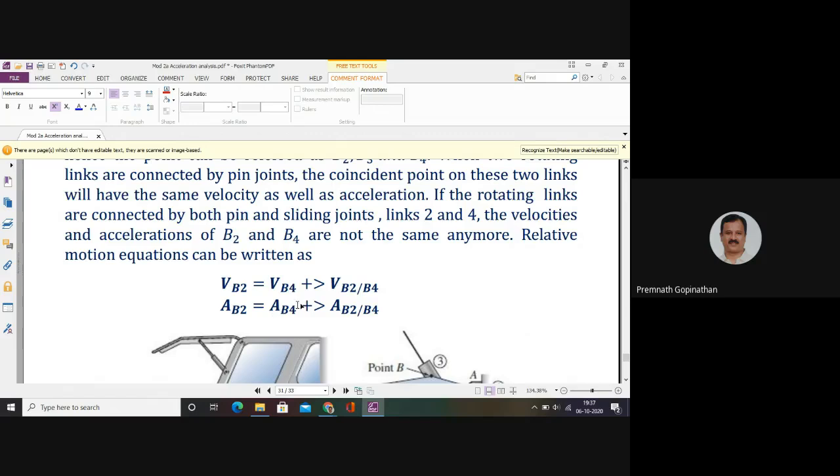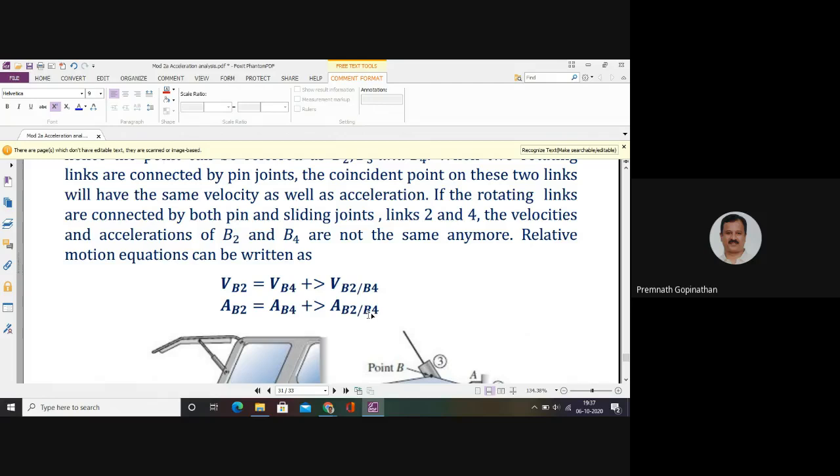Now we are imagining that this point B is lying on link 4. That's why the acceleration of B with respect to link 4, and you have to consider the relative motion between the point B on link 2 as well as link 4. That means we have a point B on link 2 as well as point B on link 4.